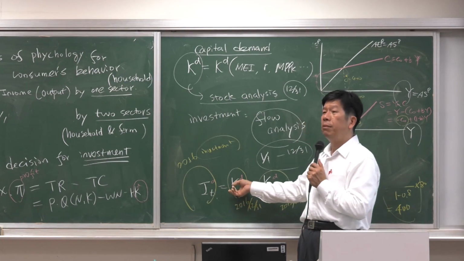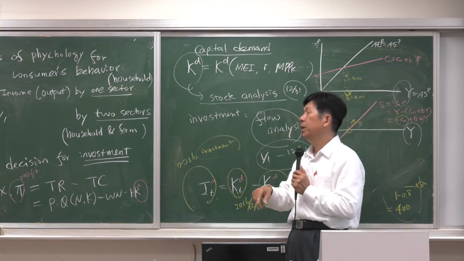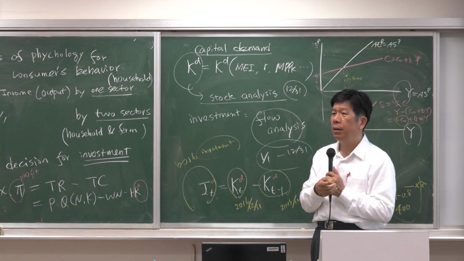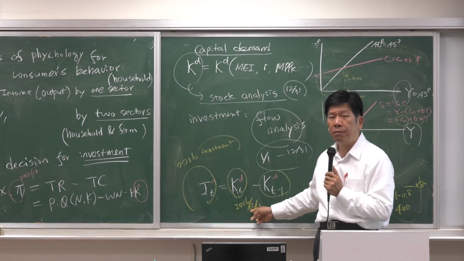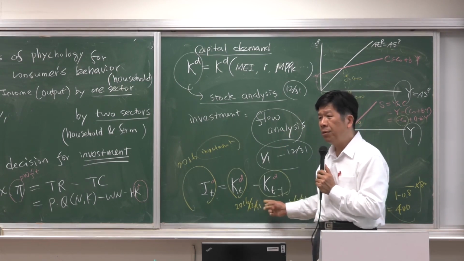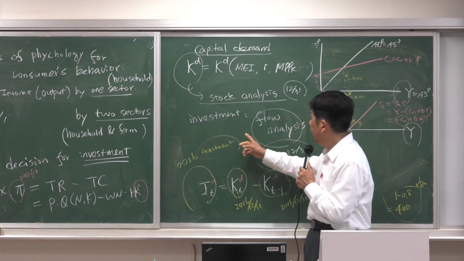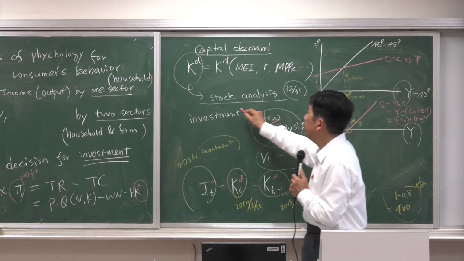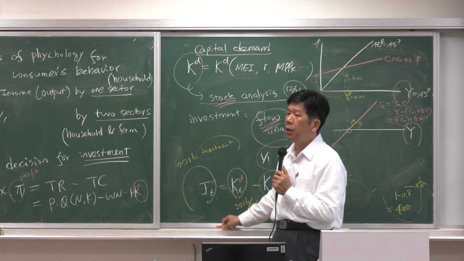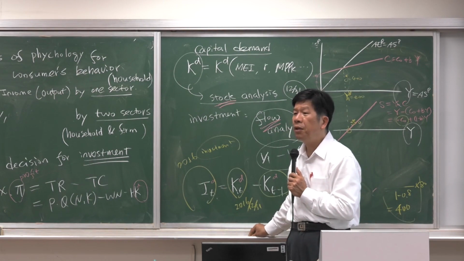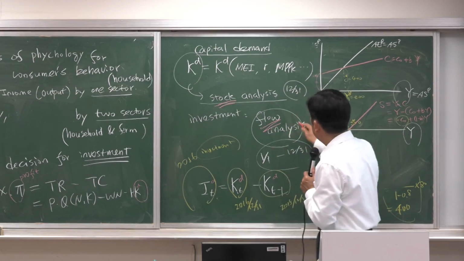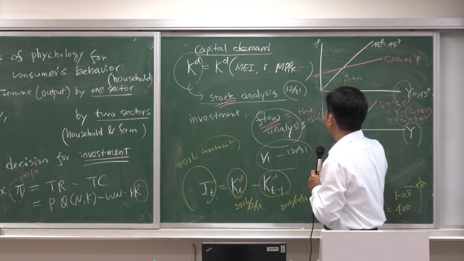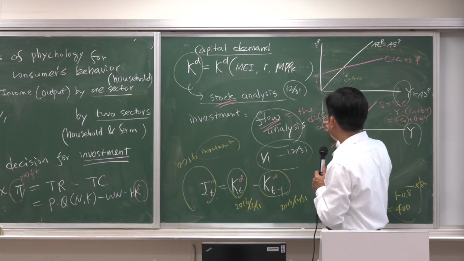So it represents this year you do more investment by 1 run. Okay, so you only calculate the different days, and then you can find. So here we can see actually the flow is equal to the difference of stock over different periods. Okay, so the flow is equal to the difference of stock.